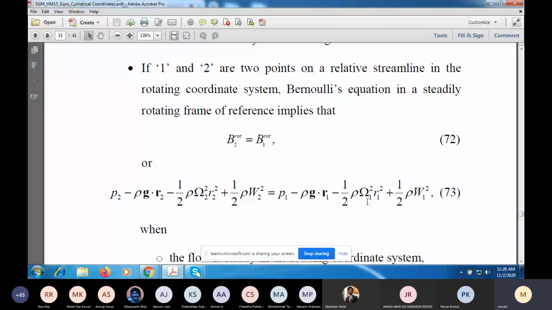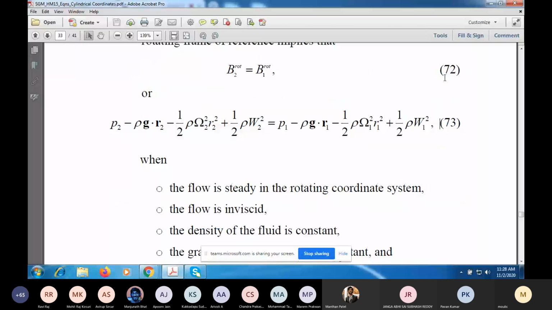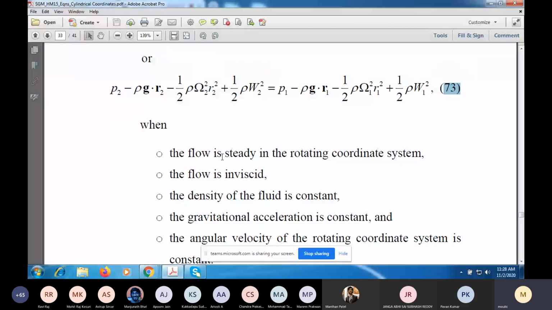So this relation, either you call it 72 or 73, this will hold when the flow, this is the most important thing, is steady relative to the rotating coordinate system. And of course, we are using an inviscid model. So we are assuming the flow is inviscid. The fluid may be a viscous fluid, but it is behaving like an inviscid fluid because strain rates are small.